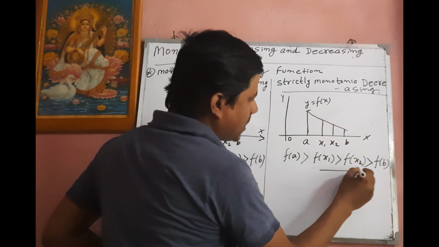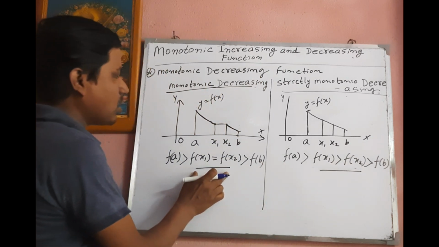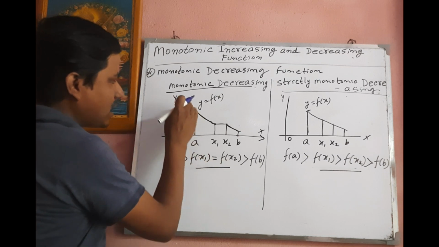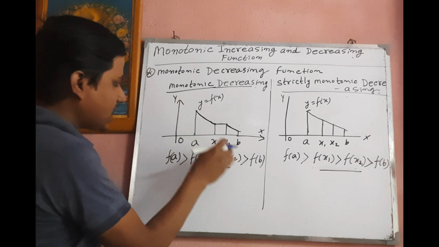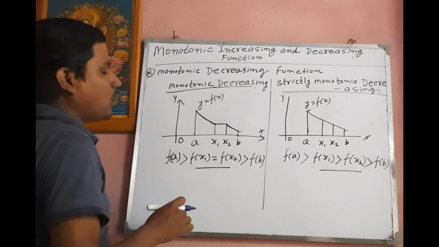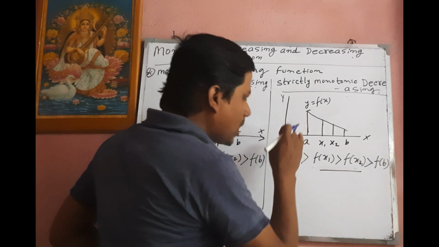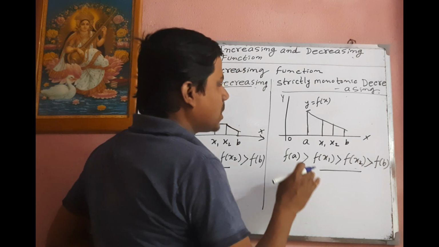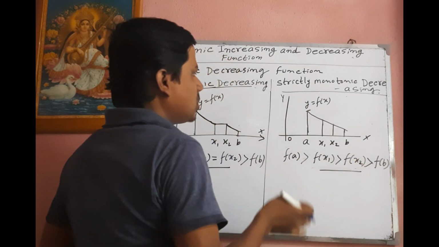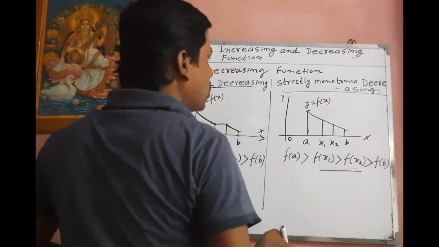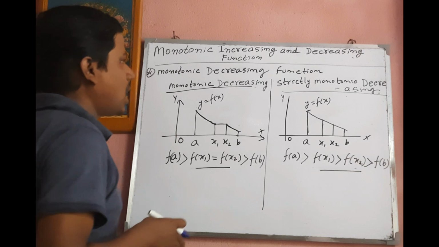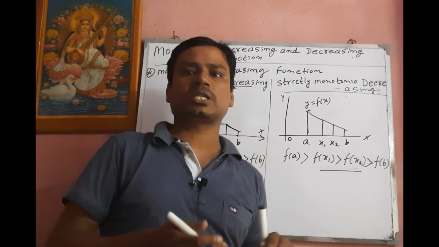No equal sign is there, but in the other case an equal sign is there, so those two values are equal but the function is decreasing. Here there is no equal sign, so the function is strictly decreasing. This is the diagram of the strictly monotonic decreasing function and this is the diagram of the monotonic decreasing function. Now we move to the next section.